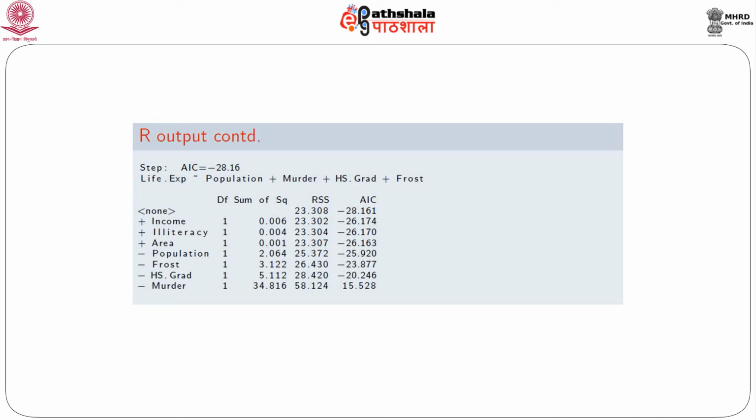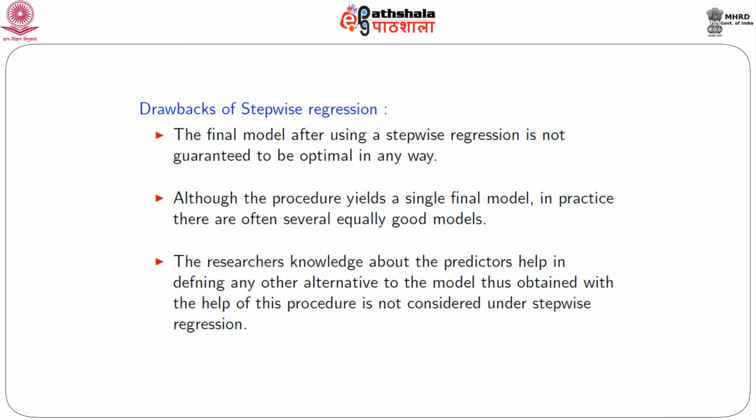But there are several drawbacks of stepwise regression. The final model after using a stepwise regression is not guaranteed to be optimal in any way, which means after using stepwise regression, when we arrive at a final model which contains only the significant variables, we cannot guarantee that this is the optimal set of variables that should be added in this regression model.